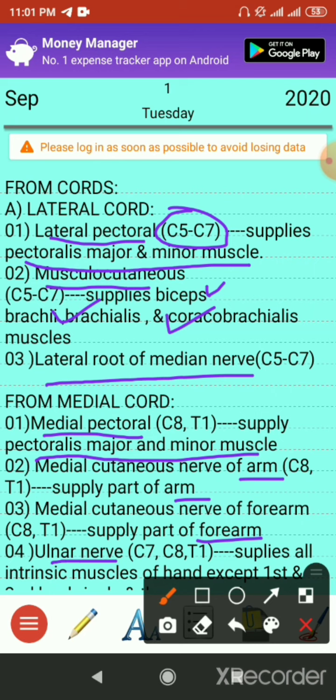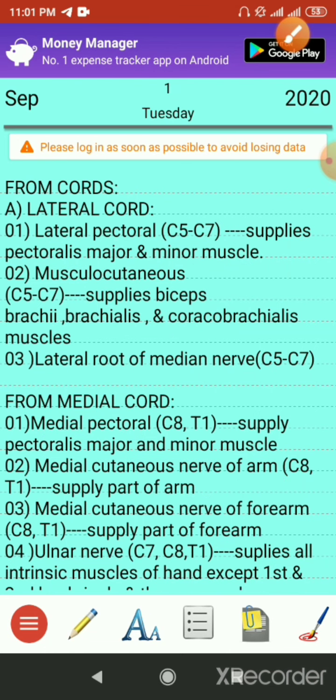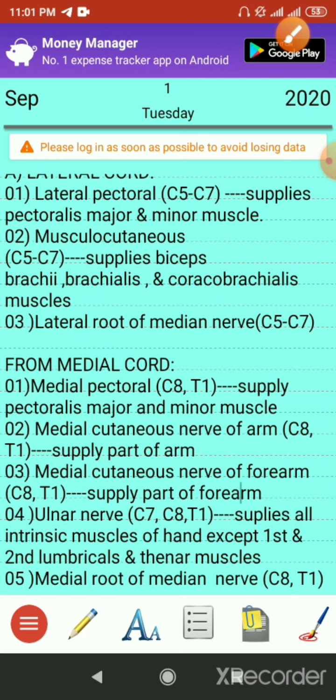The ulnar nerve supplies the intrinsic muscles of the hand, except the first and second lumbricals and thenar muscles. These first and second lumbricals and thenar muscles are supplied by the median nerve.